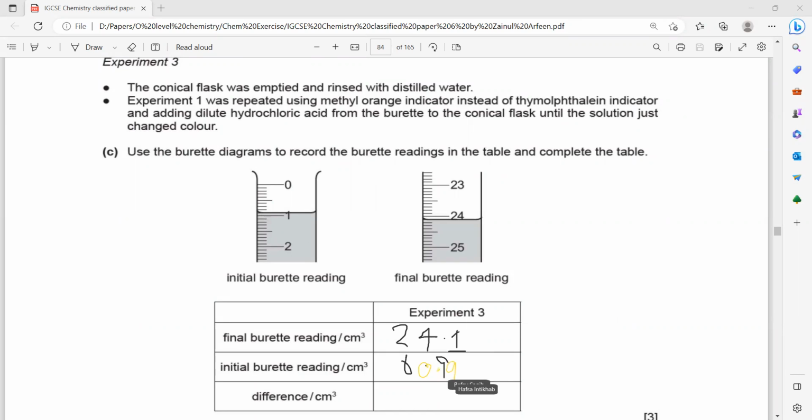Final is 24.1. Initial is 0.9. And how much is the difference? The difference is 23.2.